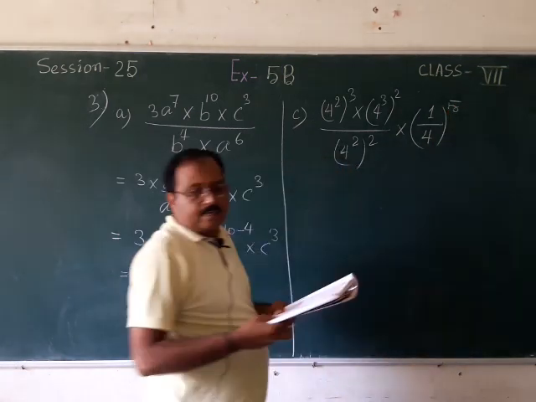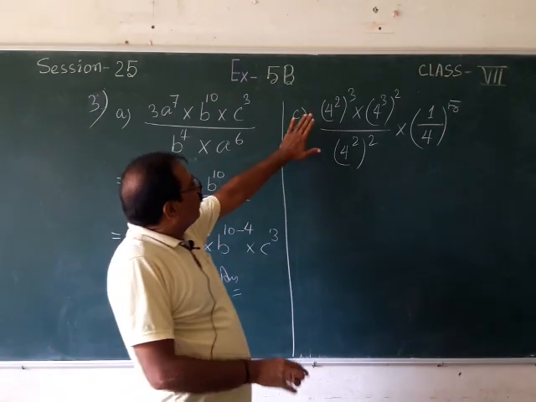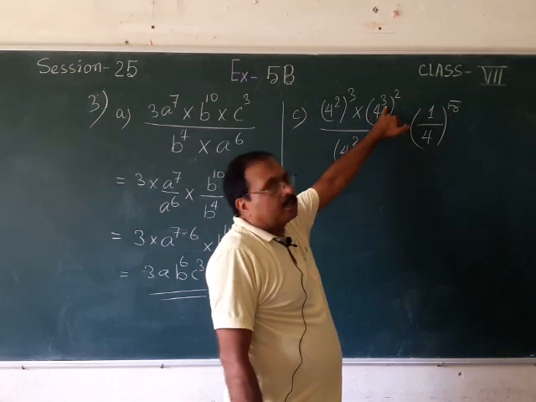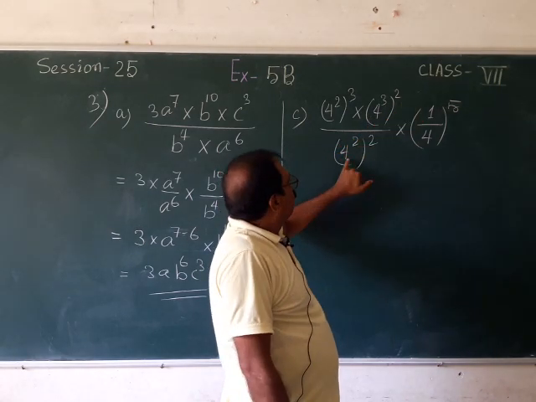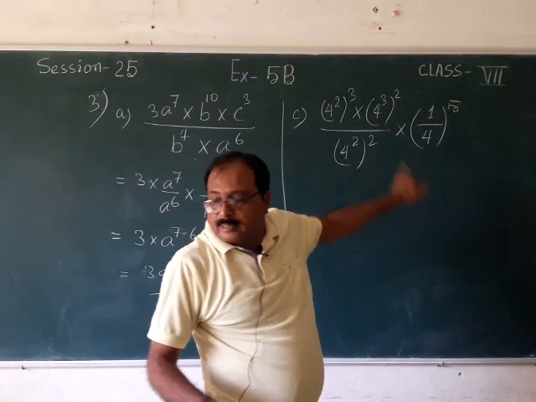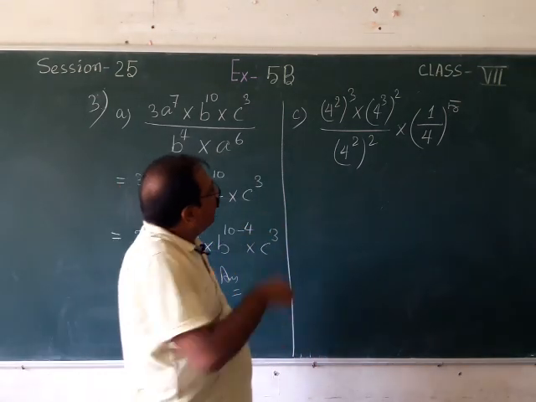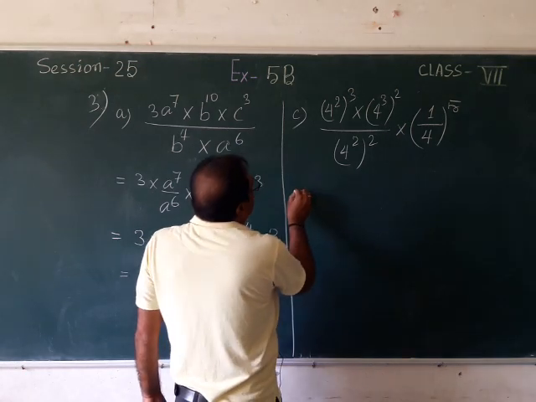So it is written like that. Okay, 4 to the power 2 to the power 3, 4 to the power 3 and to the power 2, 4 to the power 2 and again to the power 2 and into 1 by 4 to the power 5. So let us see what to do in this question.